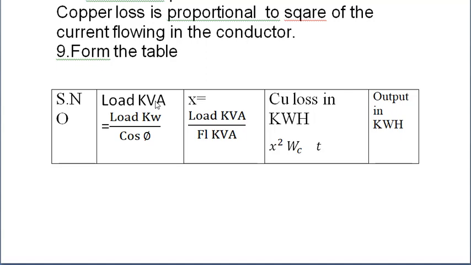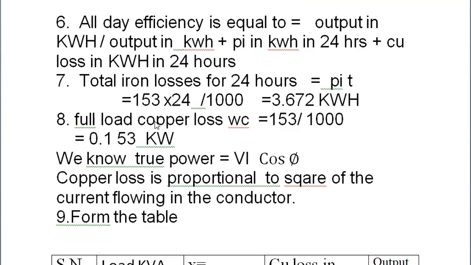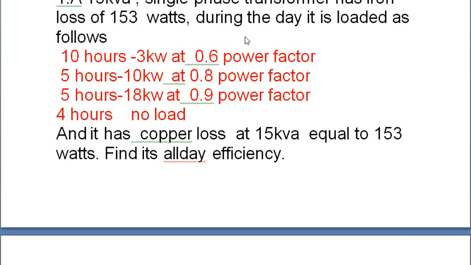So I already told apparent power, kVA means it is apparent power. Apparent power is equal to real power divided by cos phi. So for each load it is given in kilowatts, and its power factor is also given. Means if you divide this 3 kilowatts by 0.6, then we get its kVA rating, means load kVA rating.